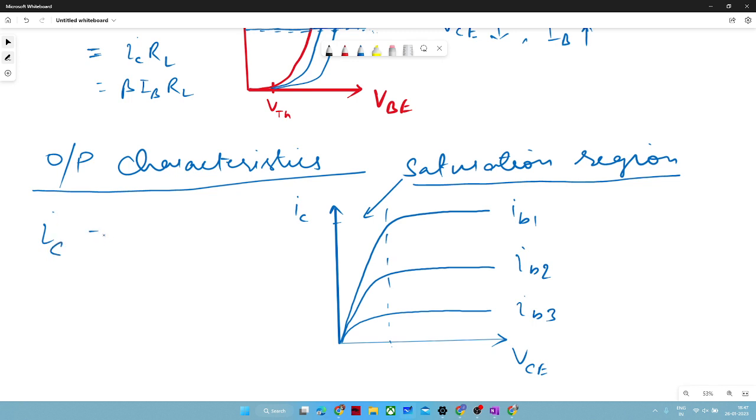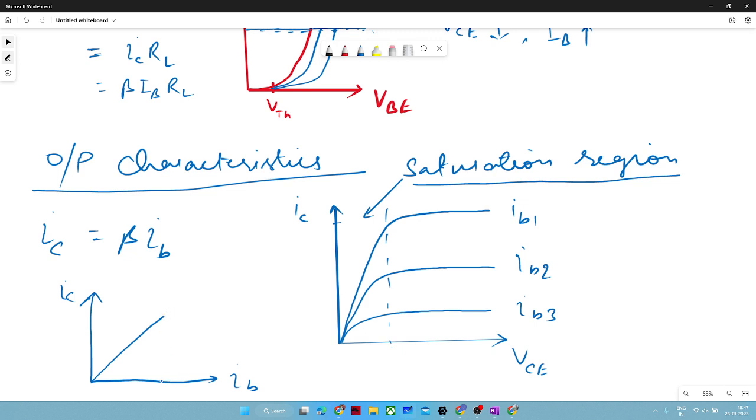If IC is equal to beta IB, and if this curve is linear, then we can say that it is linear, right? IB, IC. If this curve is like that, then we can say it is a linear region.